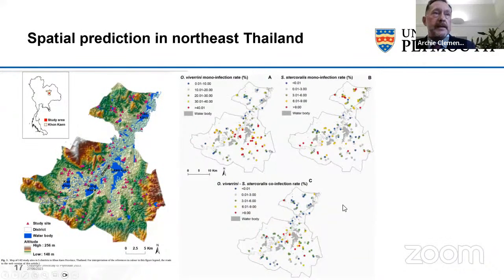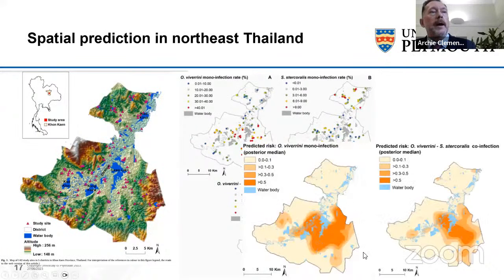And as for the other studies, we built a spatial model and then did spatial prediction showing the areas of high prevalence, high risk of Opisthorchis viverrini monoinfection and Opisthorchis viverrini Strongyloides stercoralis co-infection. And so these are the areas that then need to be prioritized when it comes to health education, deworming, mass drug administration, and other forms of environmental modification that prevent the disease.